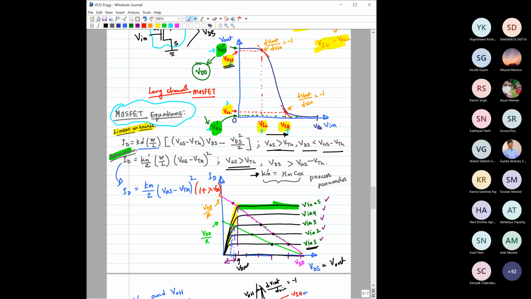So for hand calculations, we do many simplifications, so that if you find the result and try to match it with the simulation result, you will find a good amount of mismatch between the two.